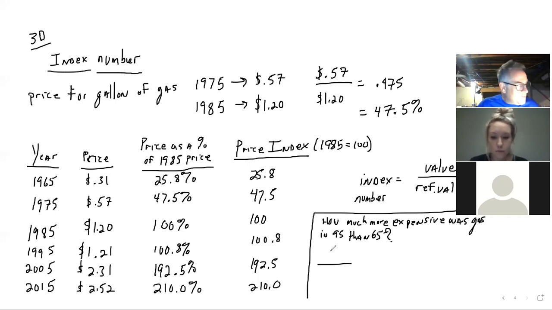So 95 was 100.8. It's right here. 65 was 25.8. Now if I just get my calculator and divide these two, rounding to the hundredths place, 3.91. So what we can say right off the bat is that gas was 3.91 times more expensive in 95 than it was in 65.